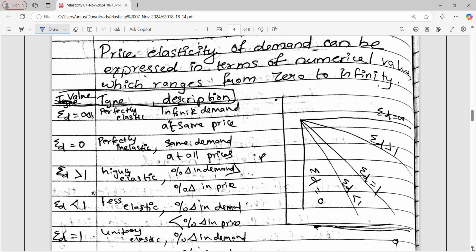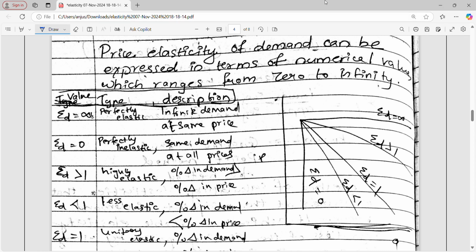This perfectly elastic case is not something practical. Next is, just a second. You can take a screenshot of this part, it is really important.